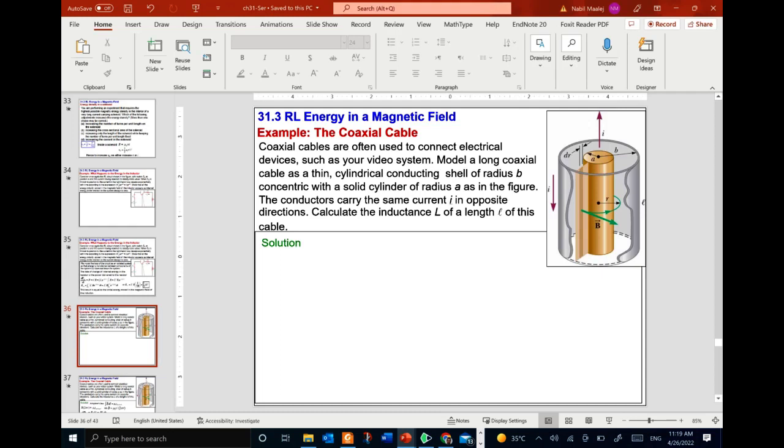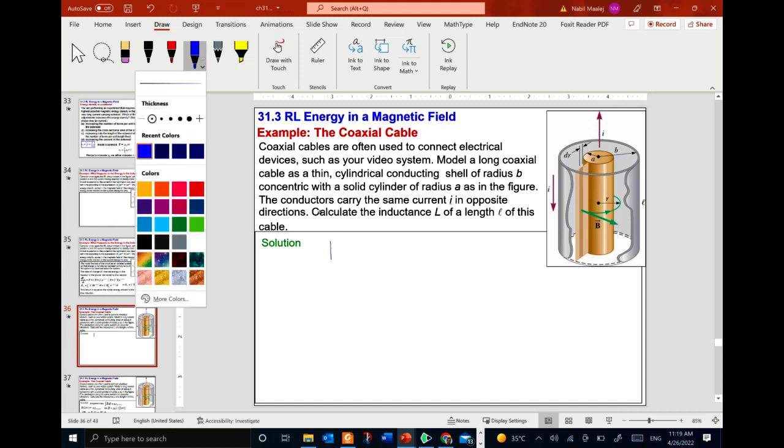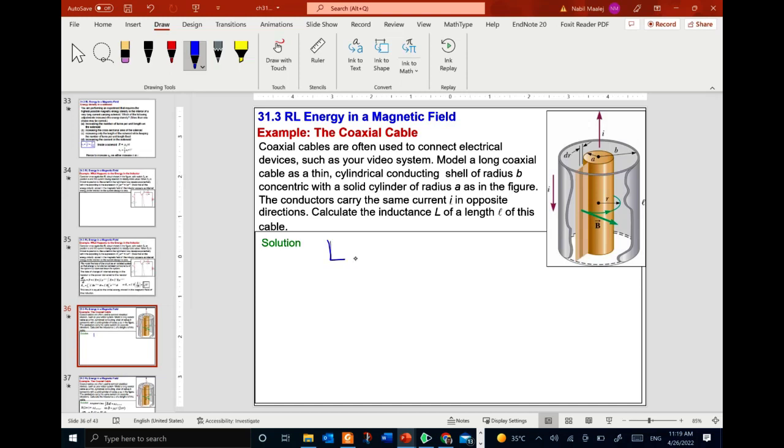Okay, so now in order to calculate, we can use the fact that we've seen that for any device, the inductance is the flux linkage.